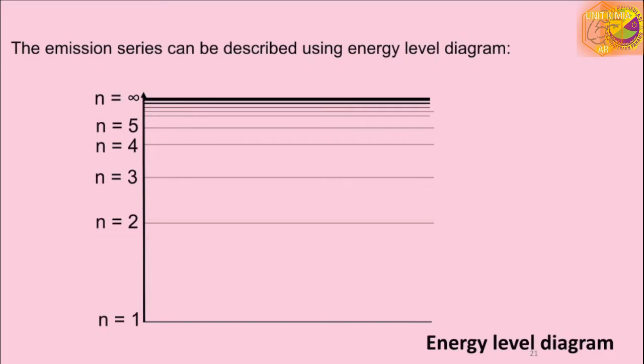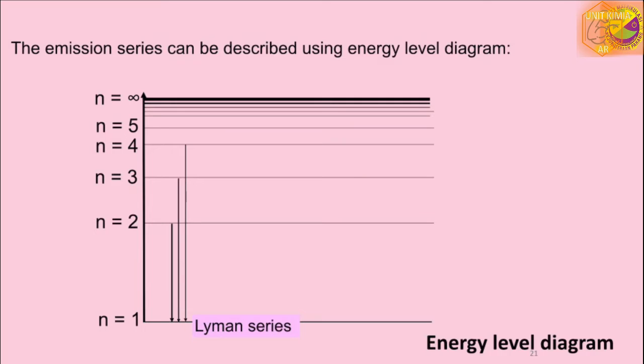The emission series can be described using an energy level diagram. The ground state for Lyman series is n equal to 1. So, the lines in Lyman series are formed when an electron at excited states falls back to n equal to 1. As for Balmer series, the ground state is n equal to 2.